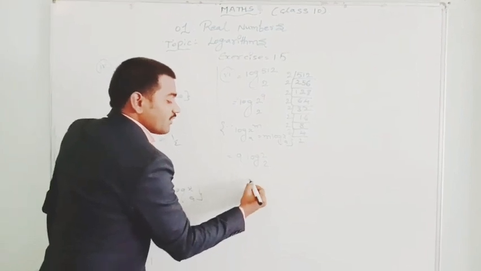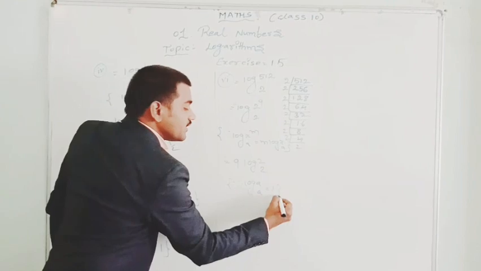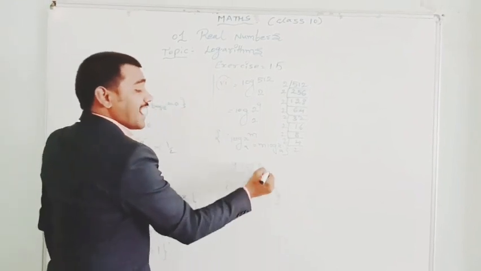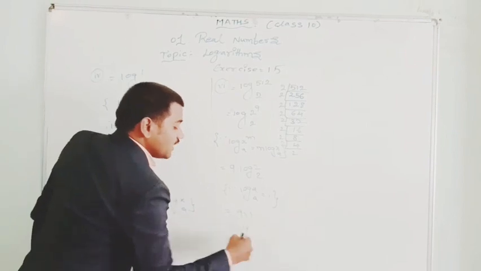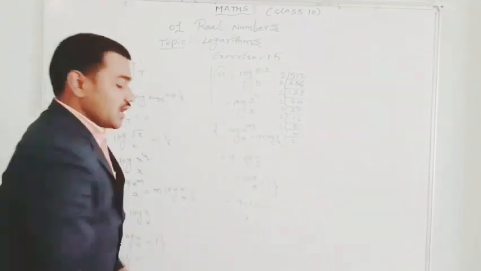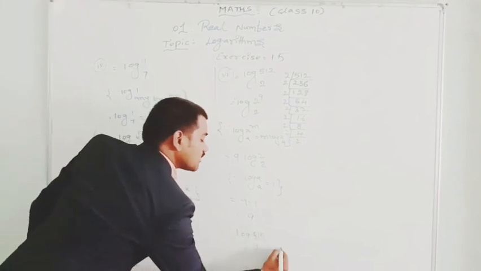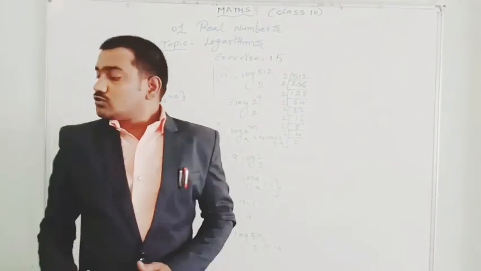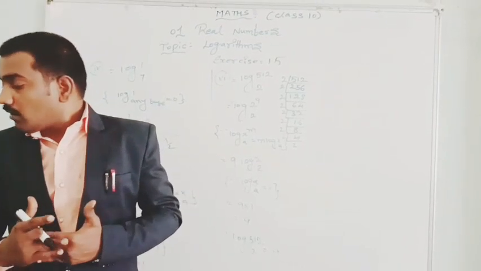So hence we have one more formula here, log a base a equal to 1. In the same way, log 2 base 2 equals 1. Hence 9 into 1 gives us 9. Therefore log 512 base 2 equals 9. So I'll be going for the next problems here.